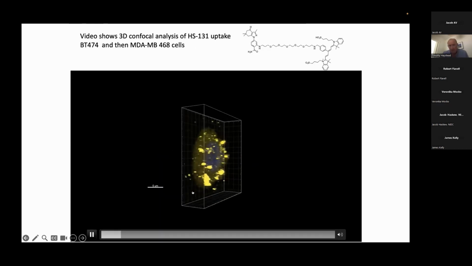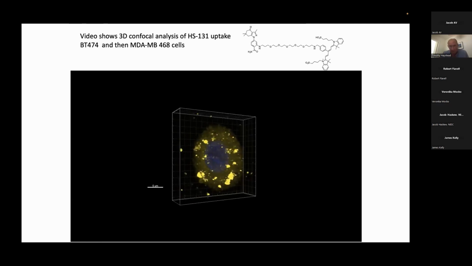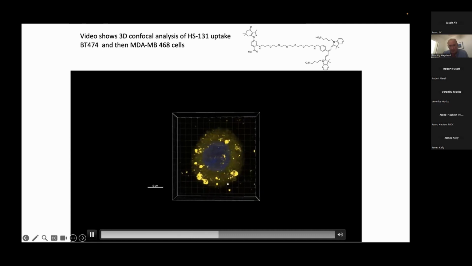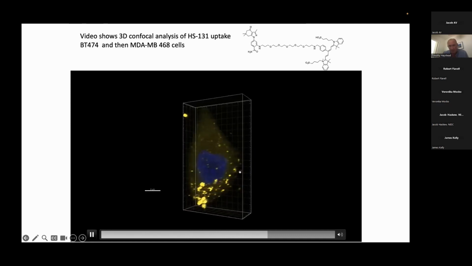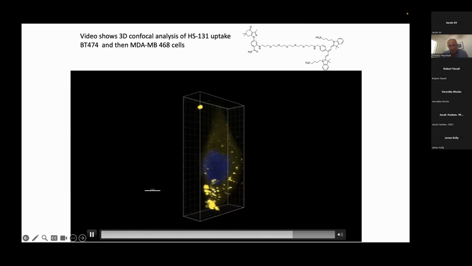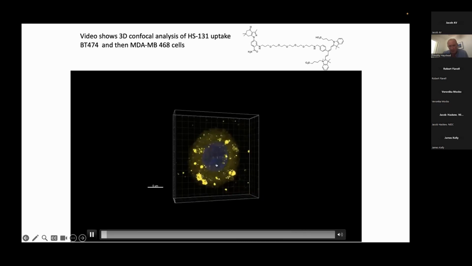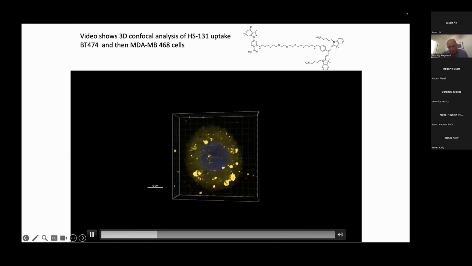We do fancy things like 3-dimensional confocal microscopy to look at the mechanism of entry, and we can see that the drug, when it is applied to the surface even at low concentrations, will form these aggregates. When you look deep into the cell, they look like they go in, and they form these little aggregates.